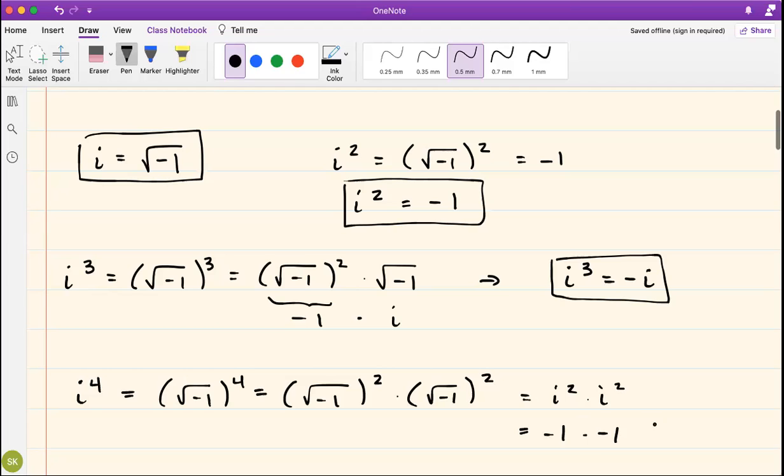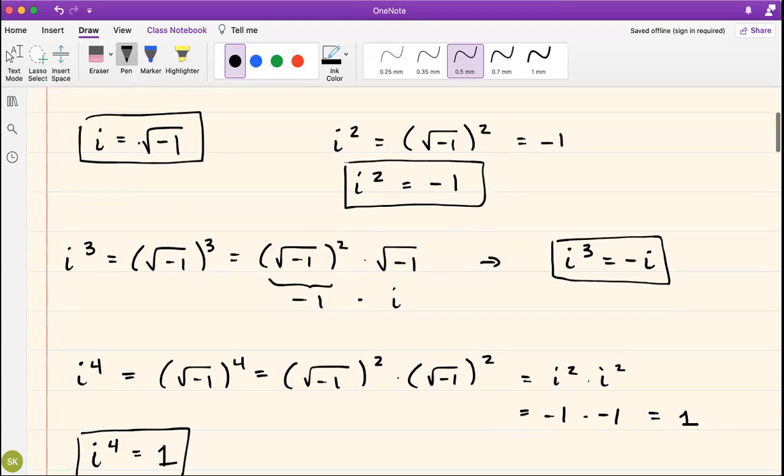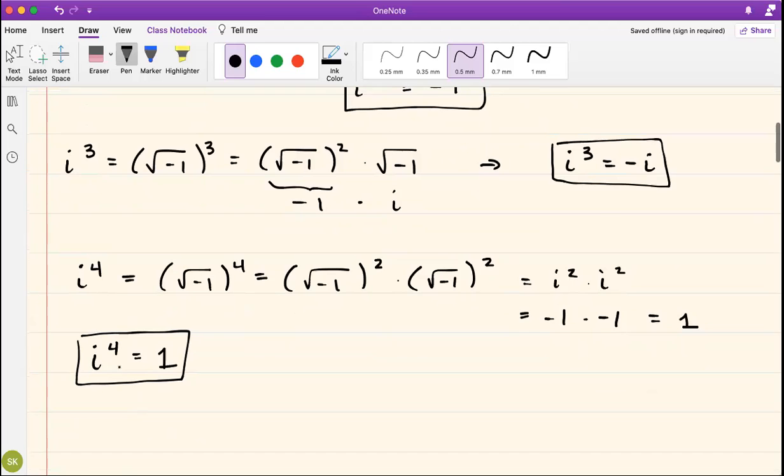So we get -1 times -1, which is a positive 1. So i to the fourth is 1. So let's look back. i is the square root of -1. If we multiply i with itself, we get -1. If we cube i, we get -i. And if we raise i to the fourth, we get 1.